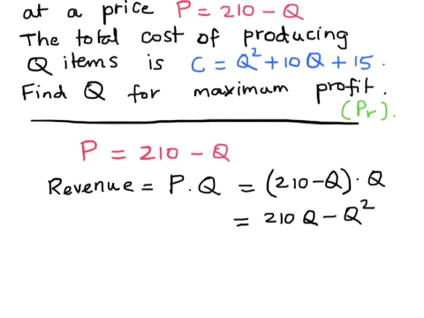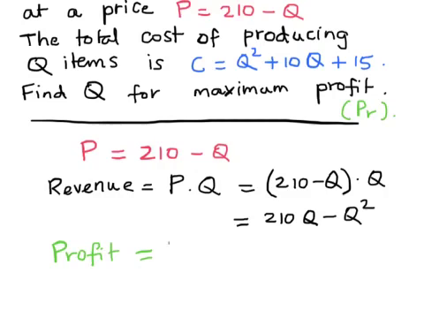Okay. If this is the total revenue, and the cost of producing these Q items is given by Q squared plus 10Q plus 15, then the profit made by this manufacturer will be the total revenue that he gets and take away the cost he expended in manufacturing these items. That remainder will be the profit.